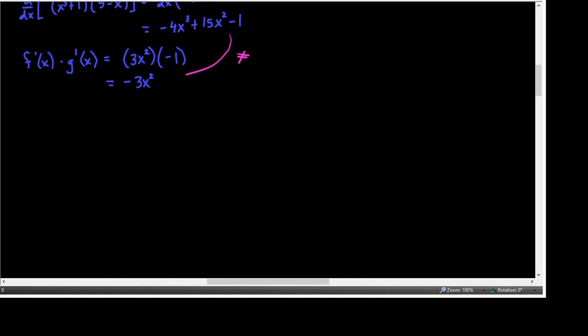This particular rule, I'm not going to go through the derivation of it. I'm just going to give it to you as an accomplished fact. This is what the real product rule is.